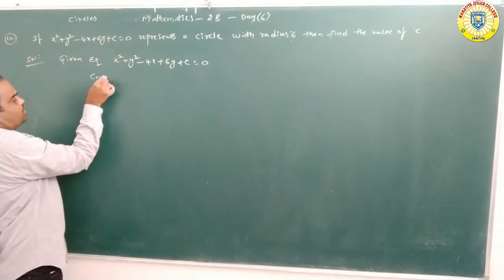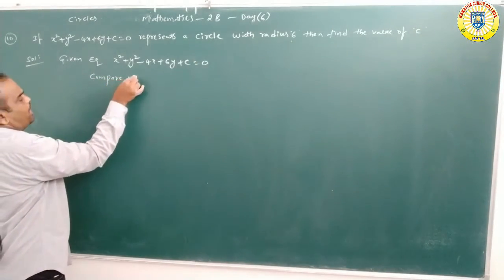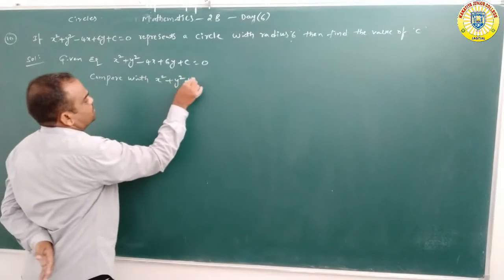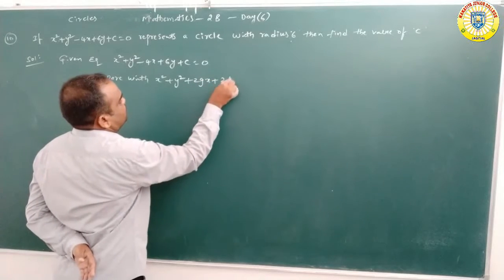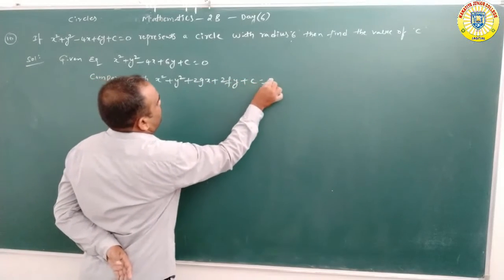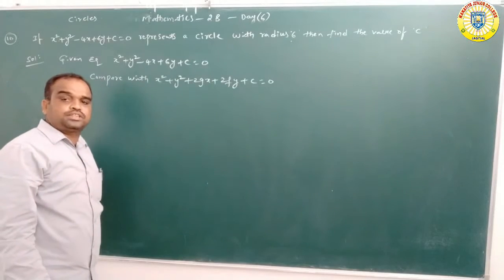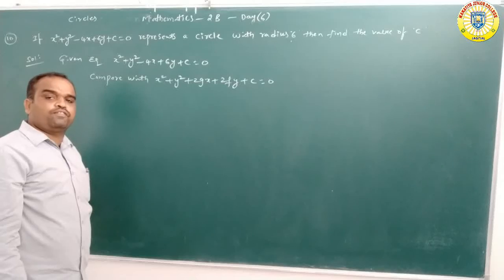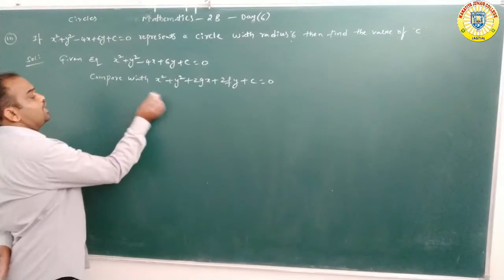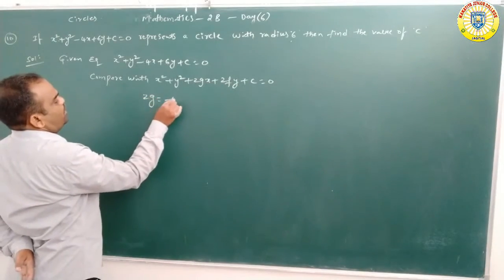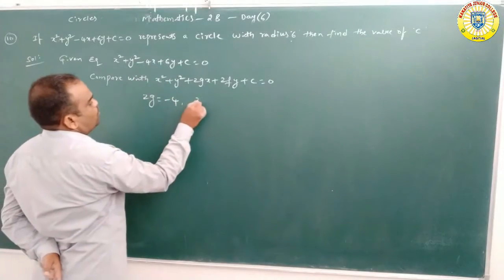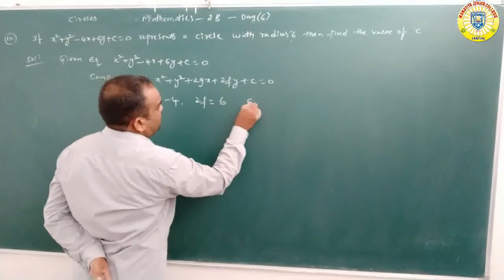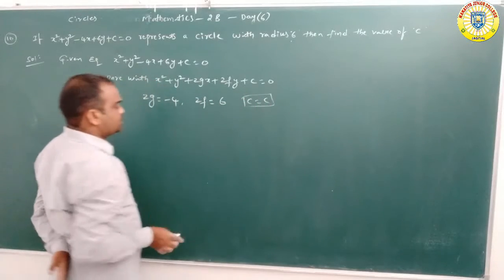Compare it with x square plus y square plus 2gx plus 2fy plus c is equal to 0. Here 2g is equal to minus 4, 2f is equal to 6, and c is as it is, c is equal to c. Now we are finding the c value.